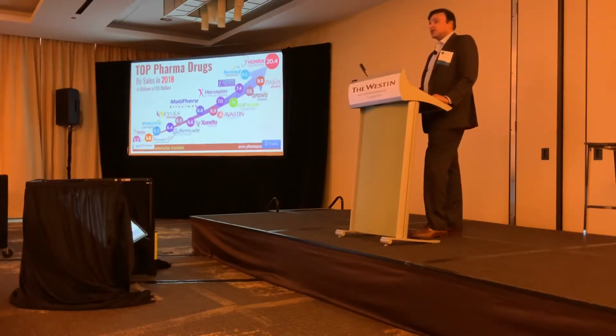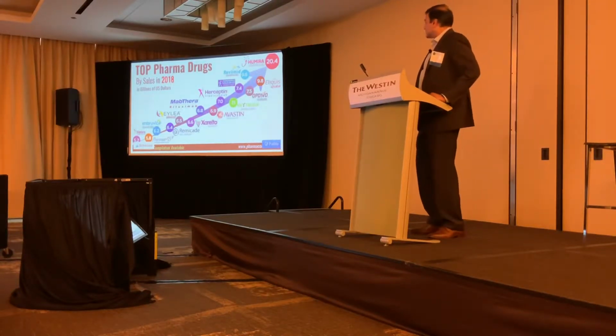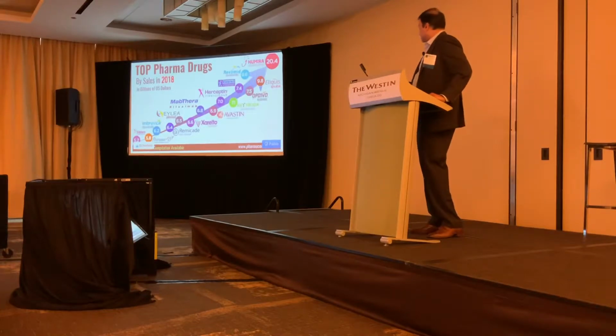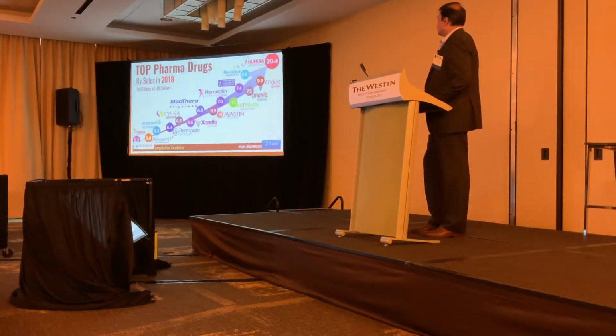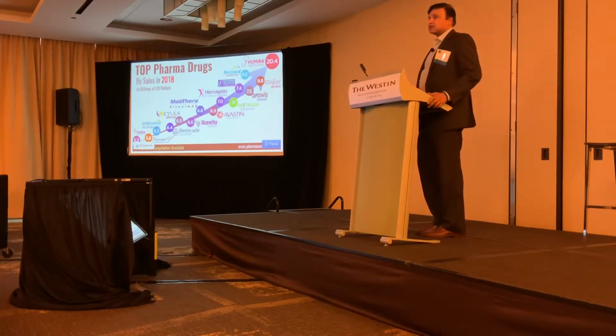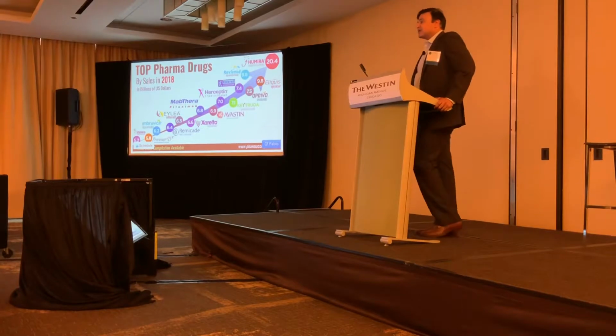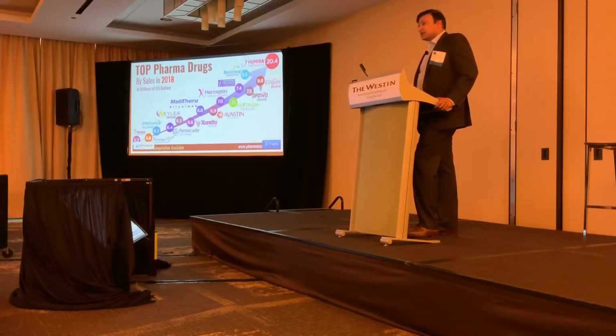It's $20 billion in sales in a year. And then you have Enbrel, and then there's Remicade. 3 of the top 12 drugs sold in the US right now are anti-inflammatory and immunomodulatory drugs, and stem cells are doing exactly that.